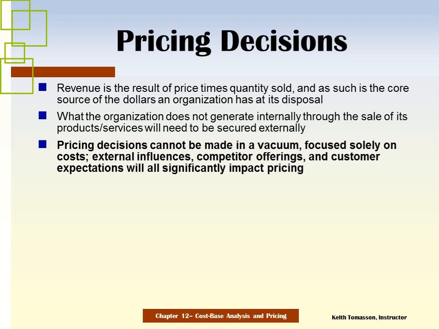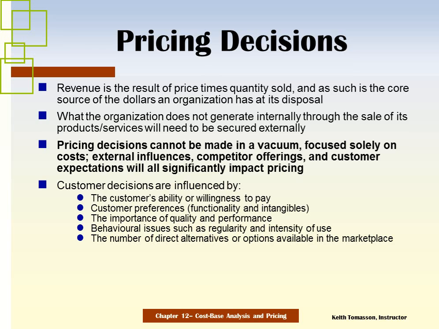So keep in mind that pricing decisions can't be made in a vacuum. We need to consider our costs, we need to consider what the competition is doing, as well as what the customer expects and what the maximum price point might be that customers will be willing to pay. So we have to remember that customers will have a maximum price point. They will have different preferences.